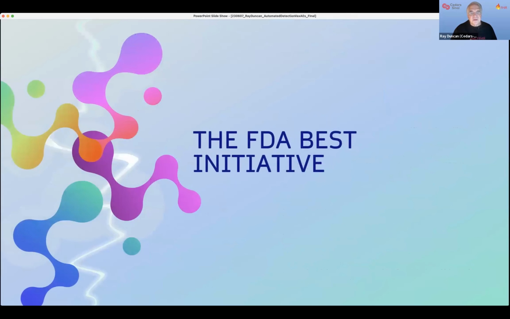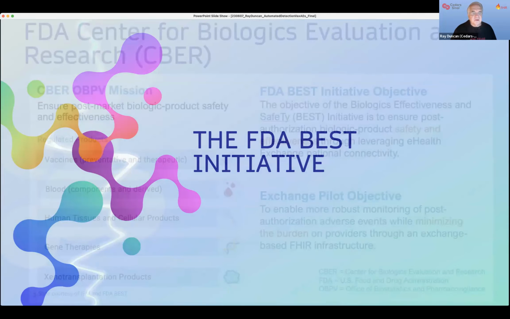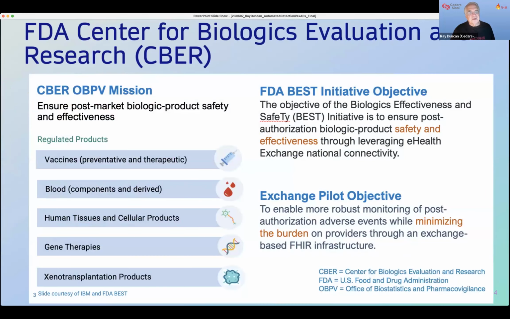So let's talk about the FDA BEST initiative. The Food and Drug Administration of the United States, everyone thinks of them as just concerning themselves with foods and drugs, but they also are charged with safety of vaccines, blood components, gene therapies, implants, and so on. They have a project called BEST, or Biologics Effectiveness and Safety.